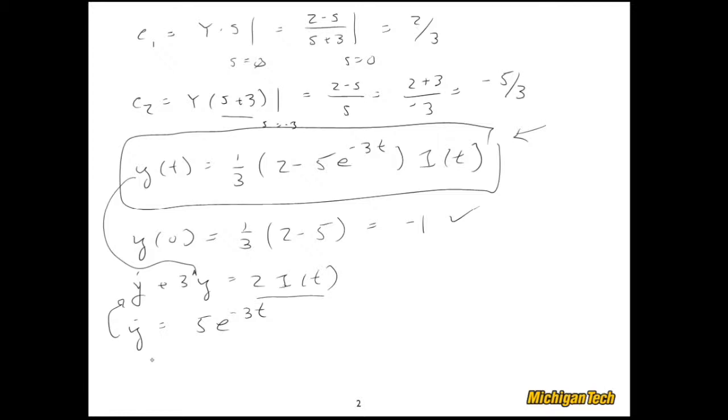So let's check it. 5 e to the negative 3t plus 3 times our solution. Well, this 1/3 cancels out, so we get plus 2 minus 5 e to the negative 3t. And lo and behold, that's equal to 2. It checks.